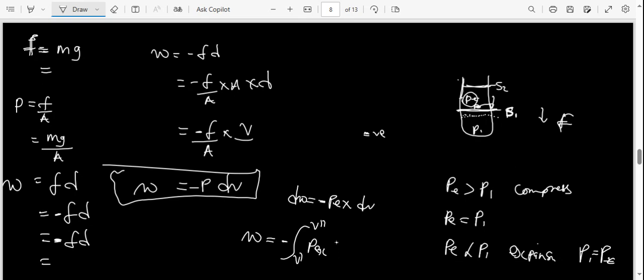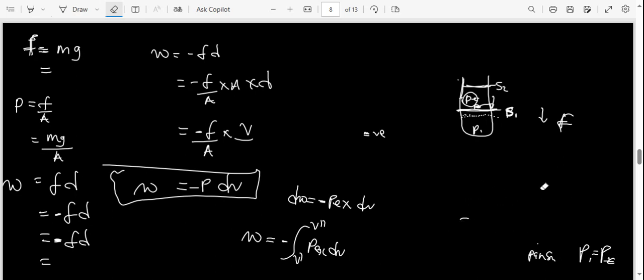Then there will be dV like that, change in volume. So this pressure here, I can treat as constant. So the pressure is constant.